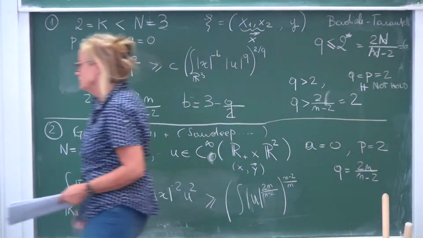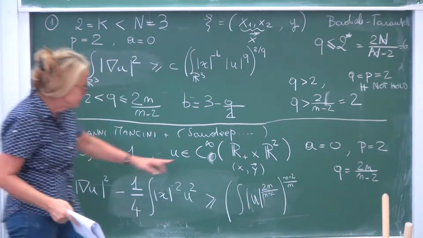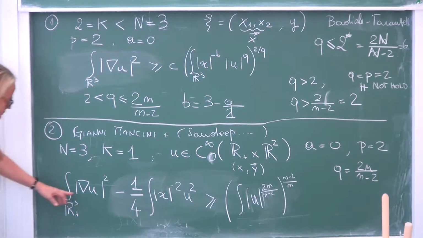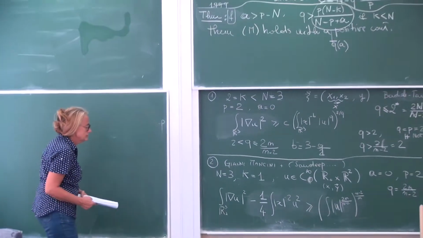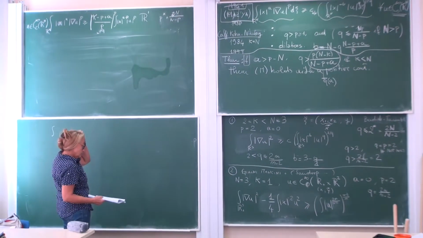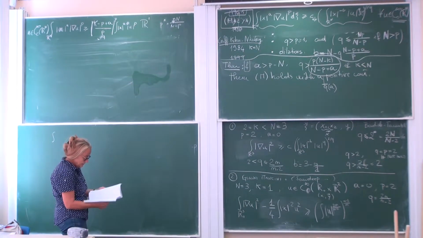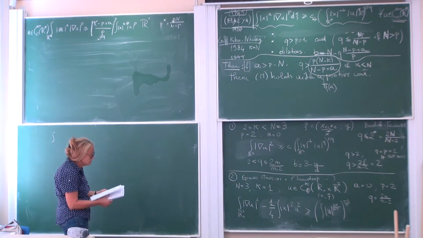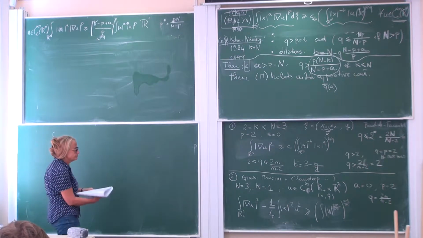You use the usual trick that tells you that for functions with support in the half space, you have this, where this is the Hardy constant. Okay? I should have made a remark before, but I don't find it here.